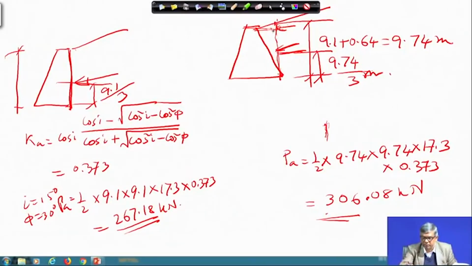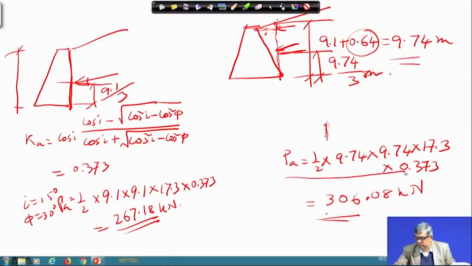If you know this angle i, you can find this length from geometry. So, 0.64 height you have got, then 9.1 plus 0.64, that 9.74 becomes the new height, and based on that height your calculation is 306 kilonewton. So, there is almost 40 kilonewton difference by calculation if you take this.